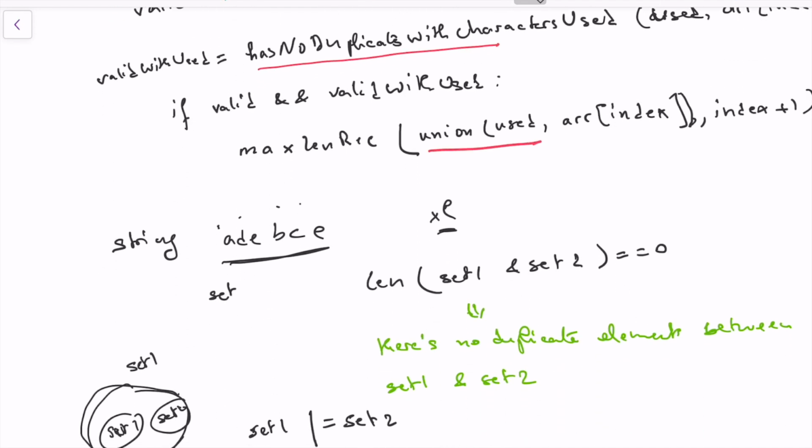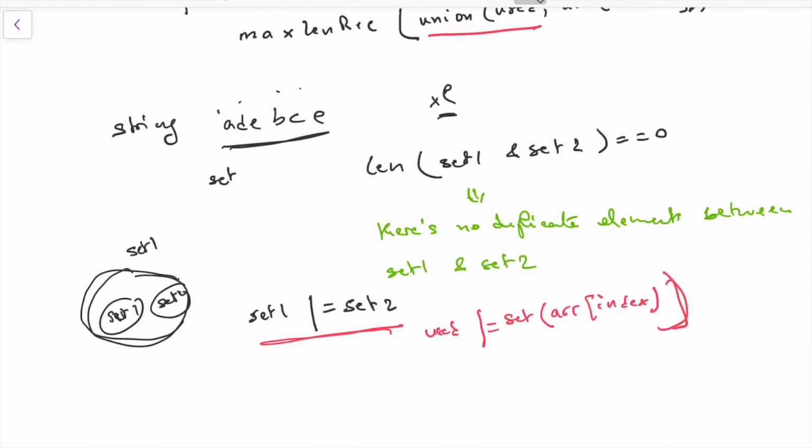And then to union them, we can just use this. We would just need to take the set of the new string that we are using, unioned with the used so far. So this makes it really simple and straightforward to use. In other languages that don't have this functionality with sets, you can achieve the same with bits, because we have only lowercase letters, so only 26 characters.